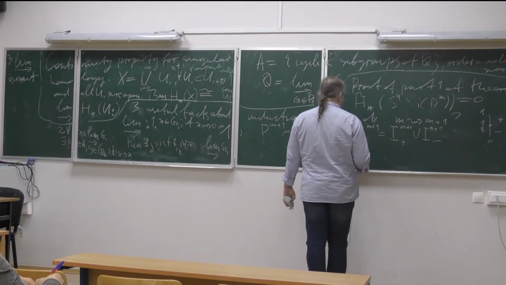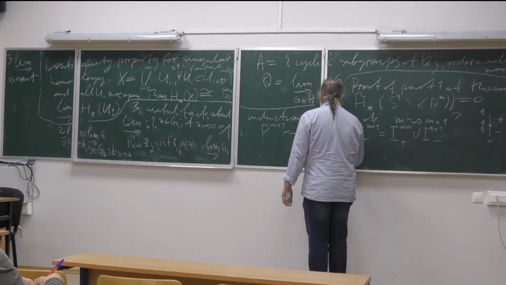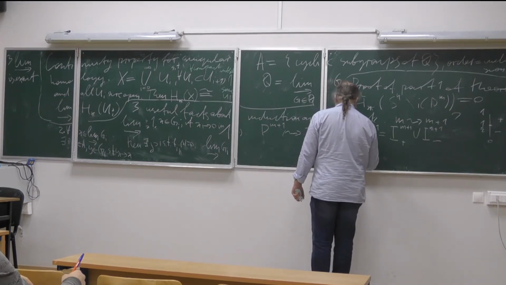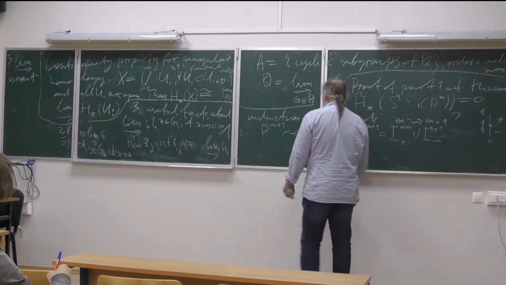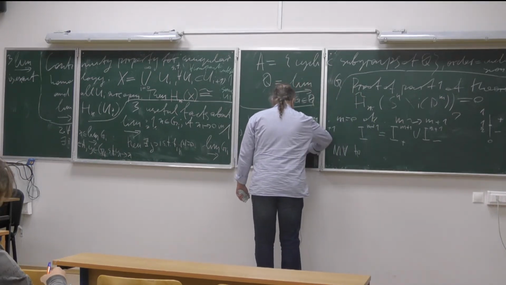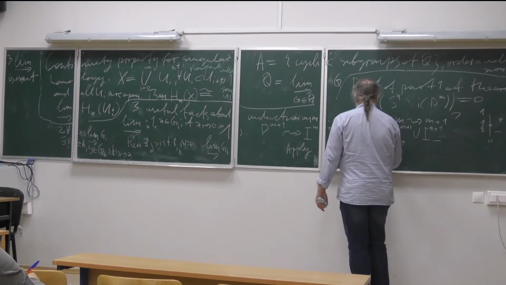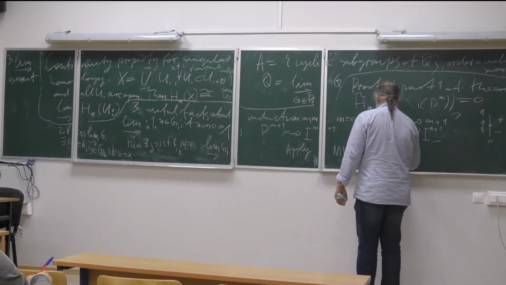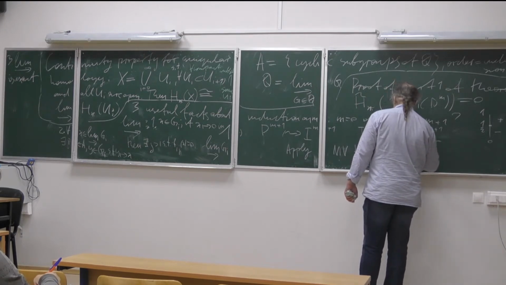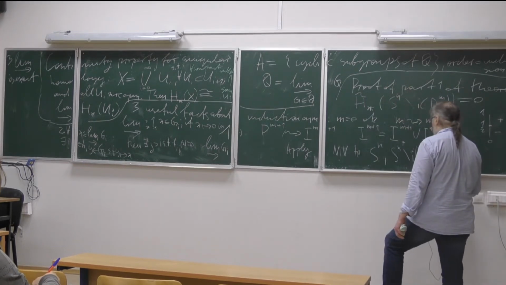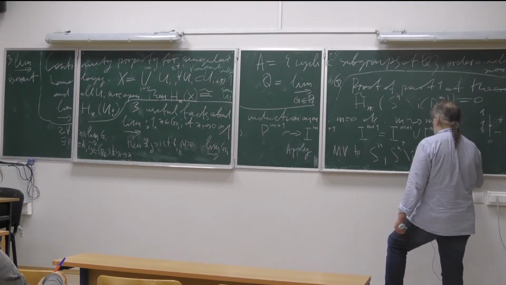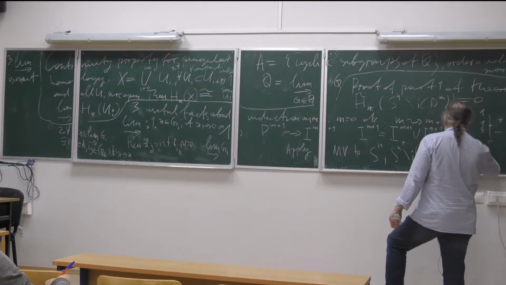And then I apply the Mayer-Vietoris sequence to the following thing: S^n minus I of I+ and S^n minus I of I-.